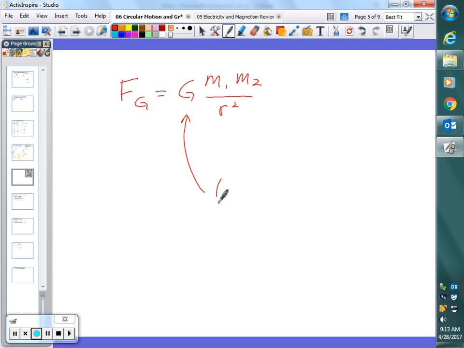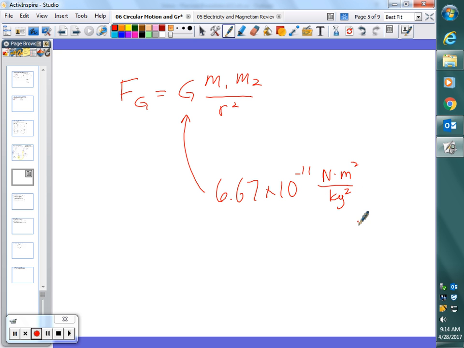The value for the universal gravitational constant is 6.67 times 10 to the minus 11th power. That value will obviously be in your formula book. It's got kind of a weird unit: newtons times meters squared over kilograms squared.